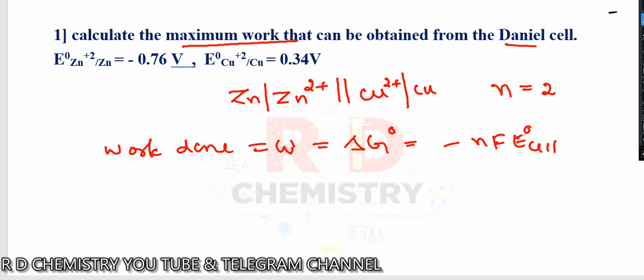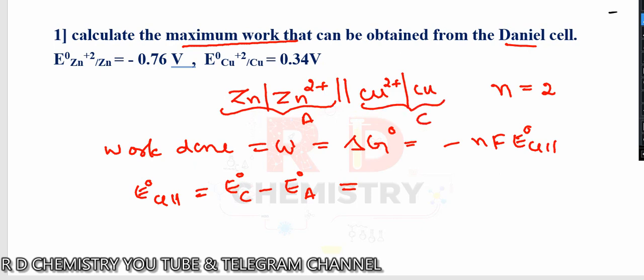So we'll have to calculate E naught cell first. E naught cell is equal to E naught of the cathode minus E naught of the anode. Now when you're writing the cell representation, initially we have zinc. This is the anode. After the salt bridge, you have the cathode. Therefore, cathode is copper. The values are given. See carefully whether it is oxidation potential or reduction potential.